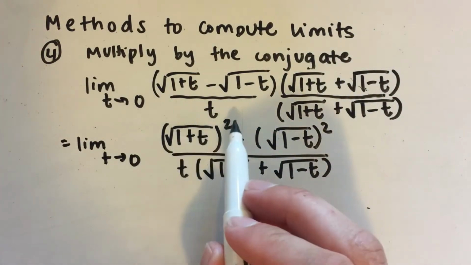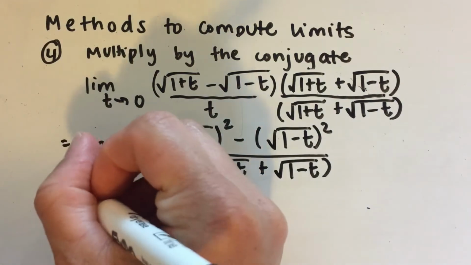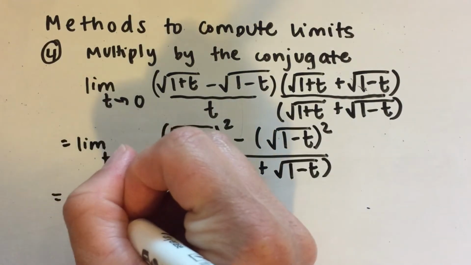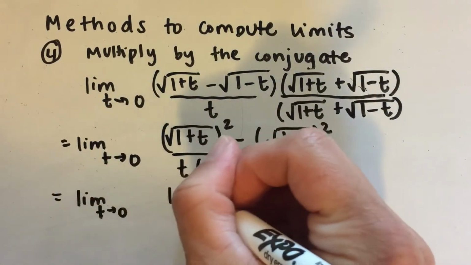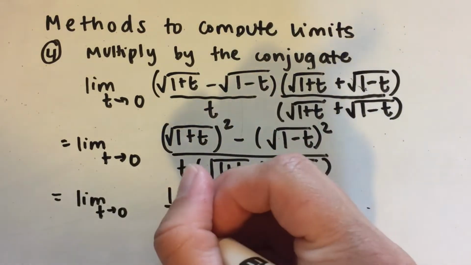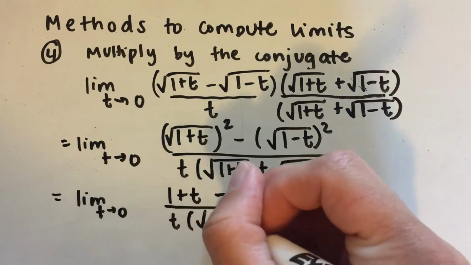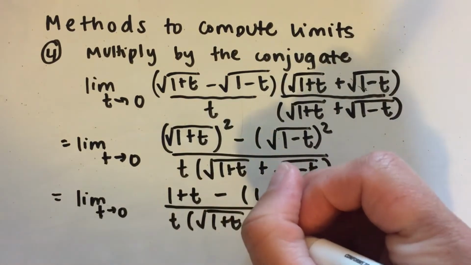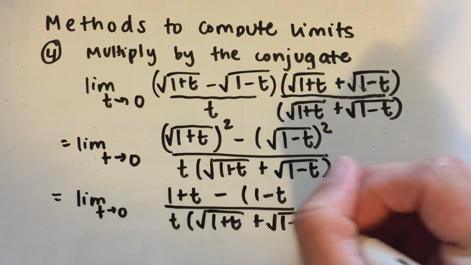So here the square root and the square will cancel. So I'll get the limit as t goes to 0 of 1 plus t minus 1 minus t over t times the square root of 1 plus t plus the square root of 1 minus t.